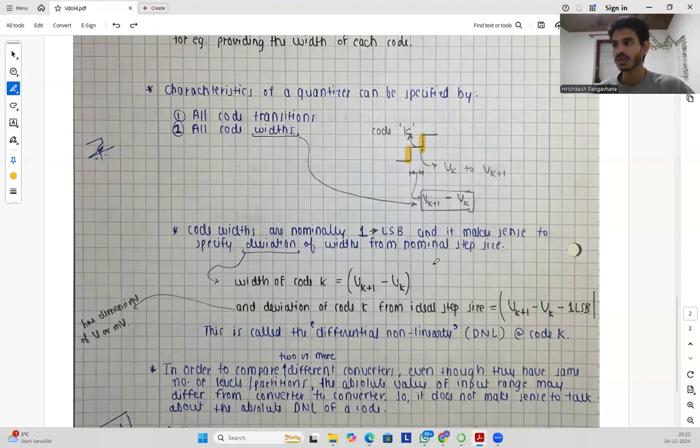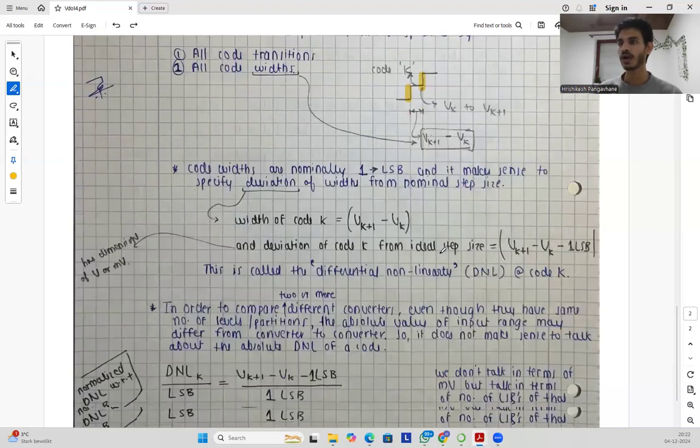In order to compare two or more different ADCs or converters, even though they have the same number of levels or partitions, the absolute value of the input range may differ from converter to converter. So it does not make sense to talk about the absolute DNL of a code, but we can normalize that absolute DNL at code k with the least significant bit.